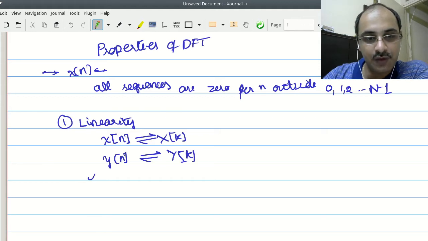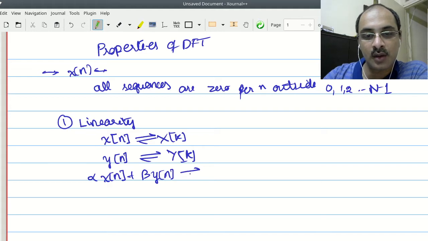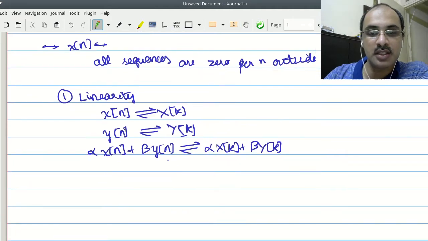In that case, for any two complex numbers alpha and beta, alpha x[n] plus beta y[n] will have DFT alpha X[k] plus beta Y[k]. This is what the linearity property is.